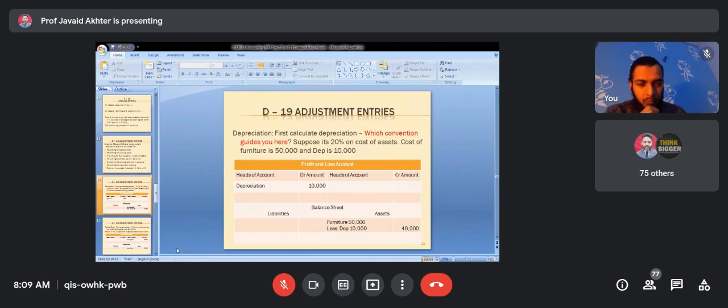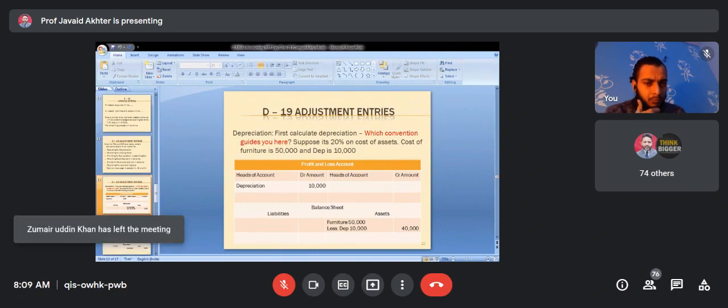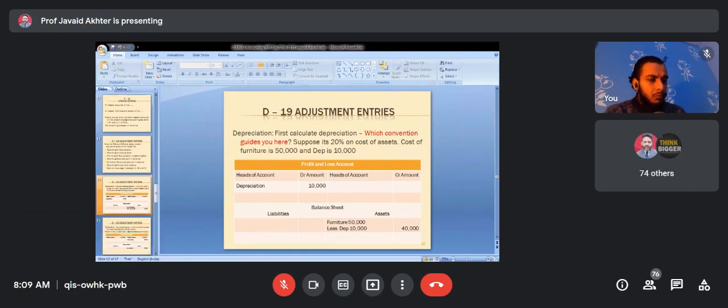So what will we do in this profit and loss account? We will write 10,000 on the debit side. The profit and loss account will have several expenses on the debit side, like salaries, wages, etc. So one of them would become depreciation.